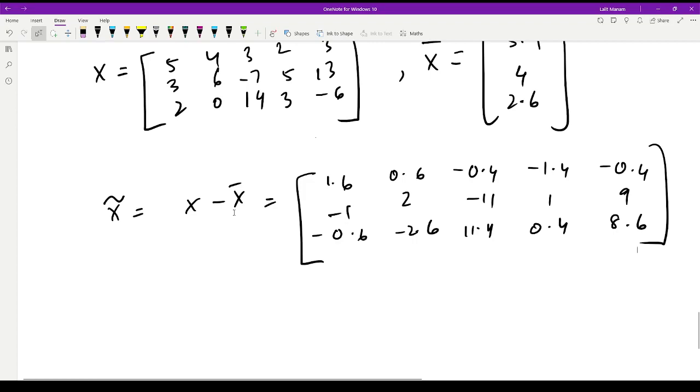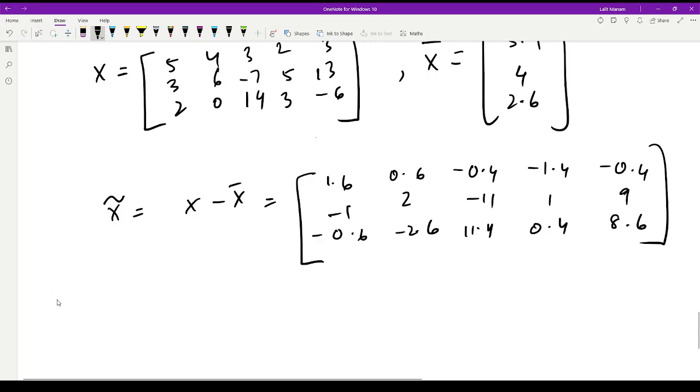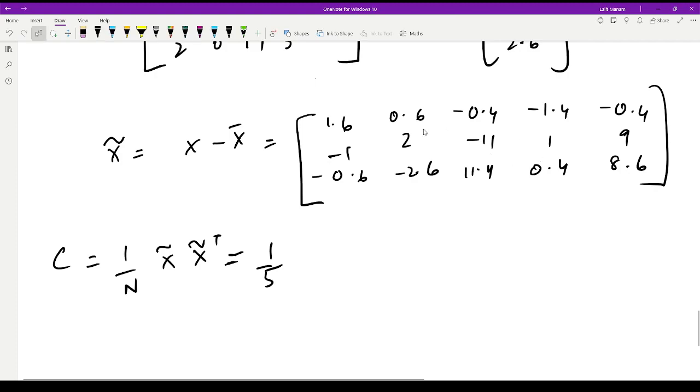Hopefully the computations are fine. Then covariance is what we just derived: 1 by n times x tilde x tilde transpose. Here we have five data points, so n is 5. Then just take the product, which gives us a final answer like this.